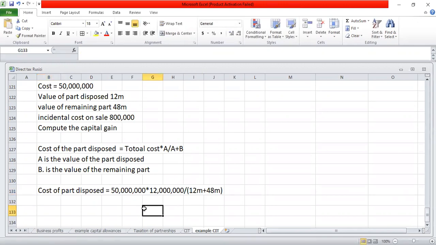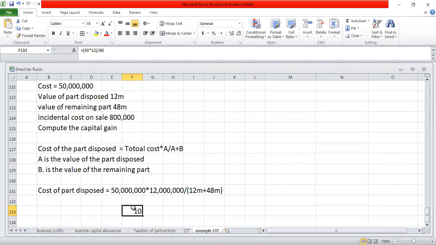So if I'm to do it, it will be 50M times 12 divided by 60, and that's going to give us 10 million.